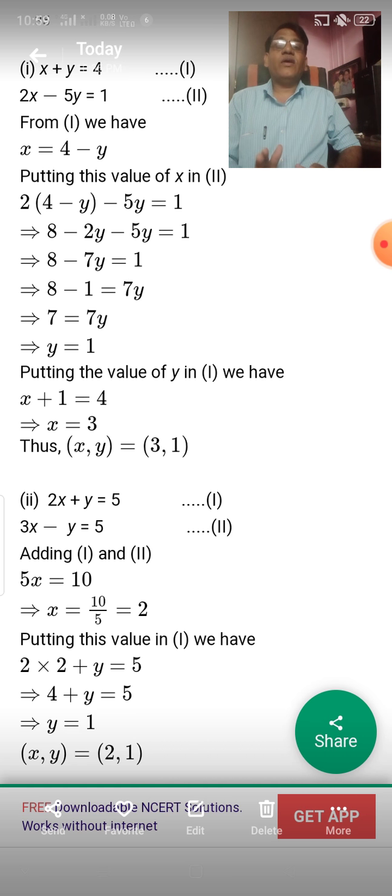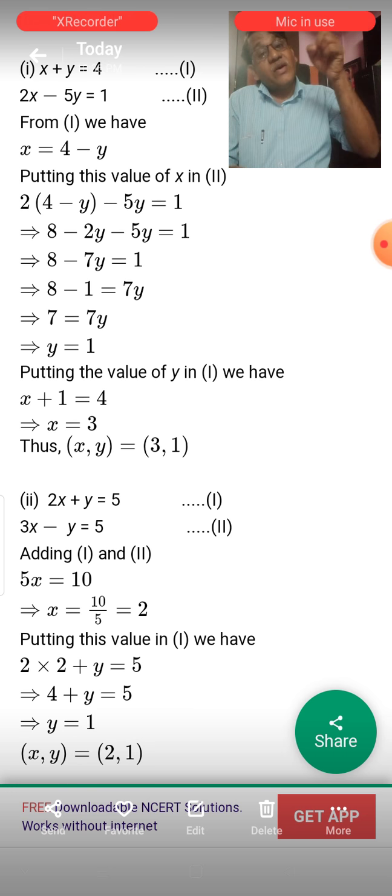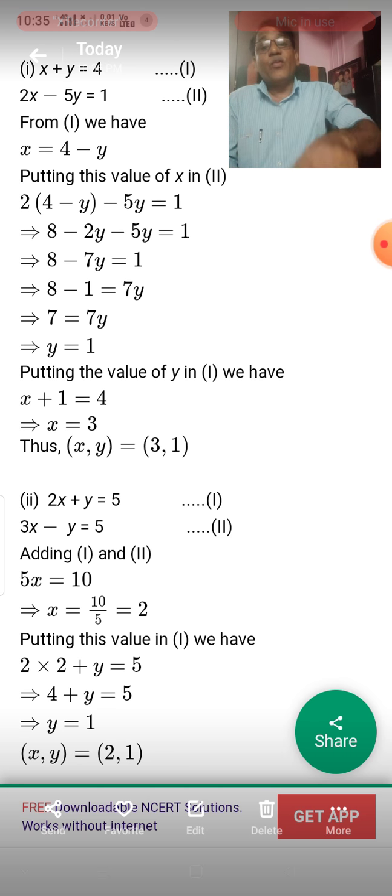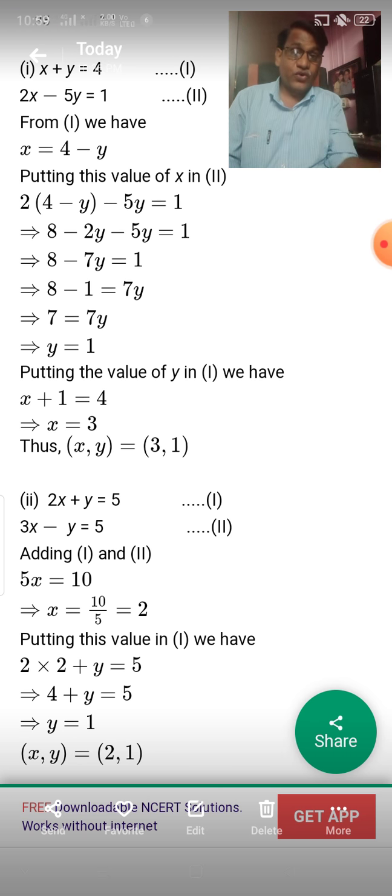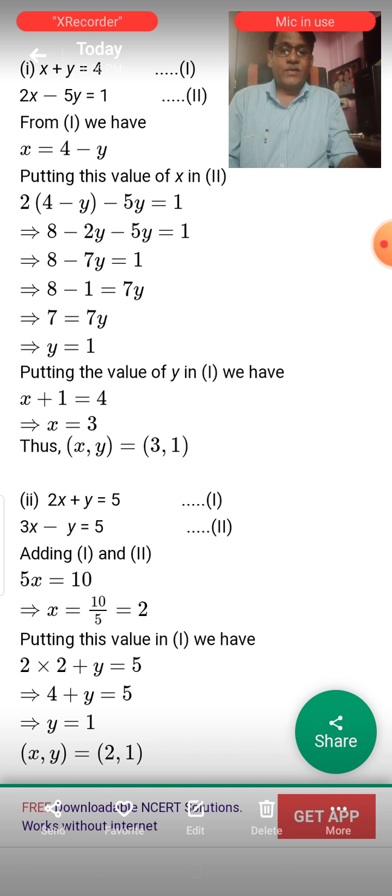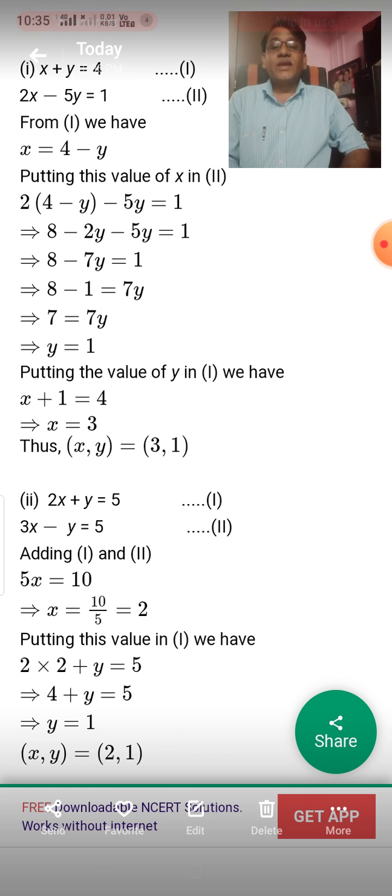Here one thing you have to keep in mind: first you find the value of x from equation 1, then you put this value in equation 2 only. This is called the substitution method.